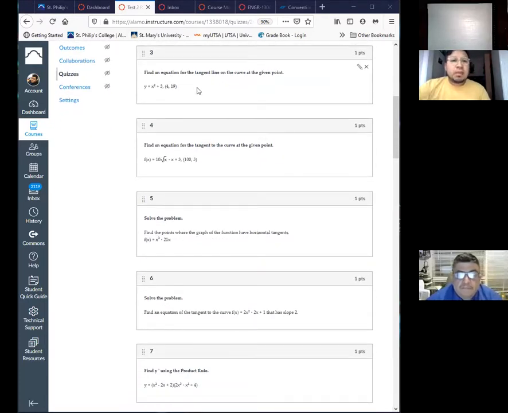Number 3, this one's a little more difficult. Let's do 3. Let me write the question down. Find the equation of the tangent line on the curve at the given point.